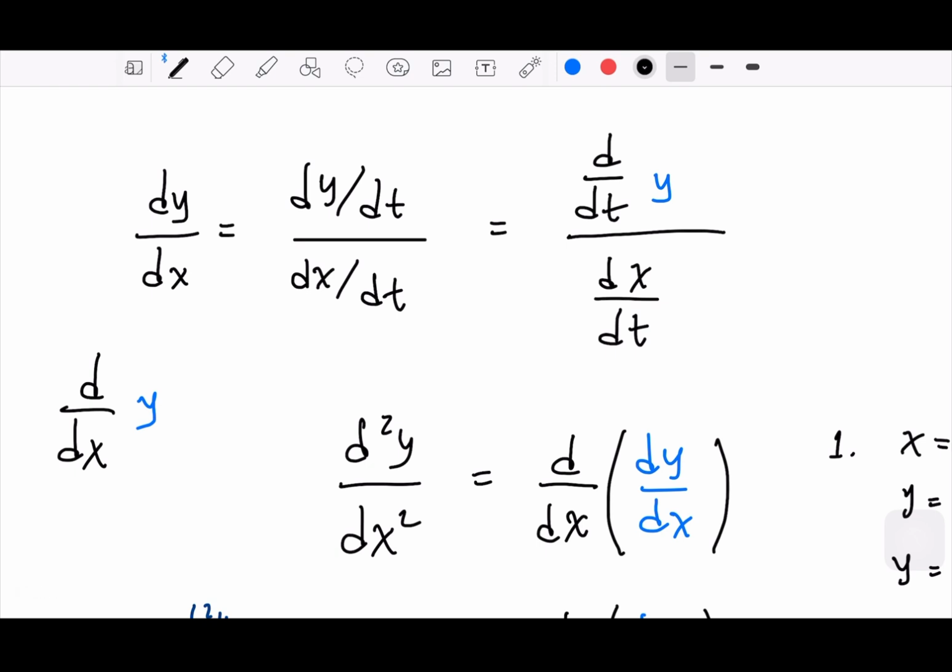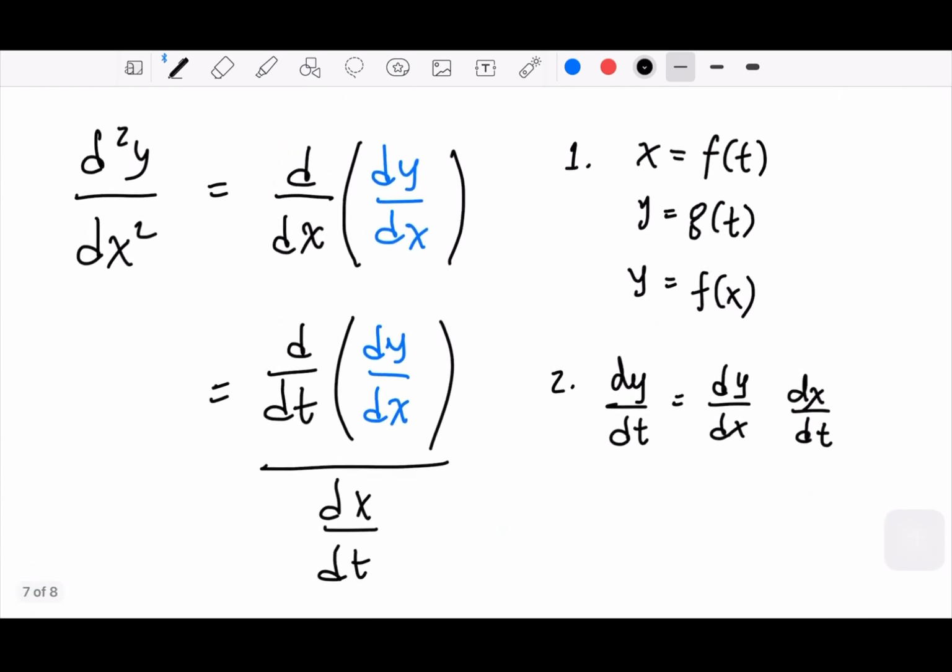Again, we are going back to our chain rule connection, which states that x and y are functions of parameter t, but y itself is a function of x. So y and x have a connection. That's why we have this chain rule connection.